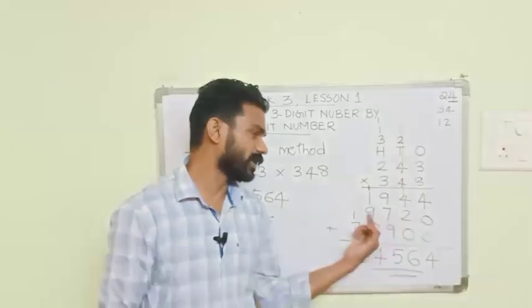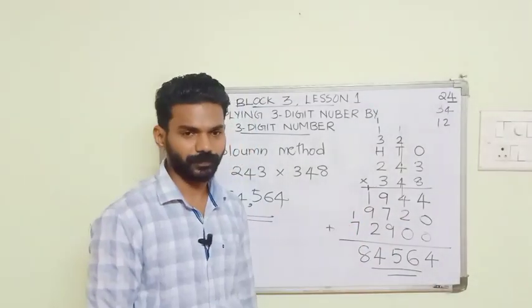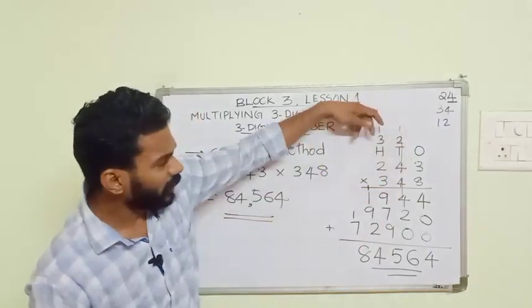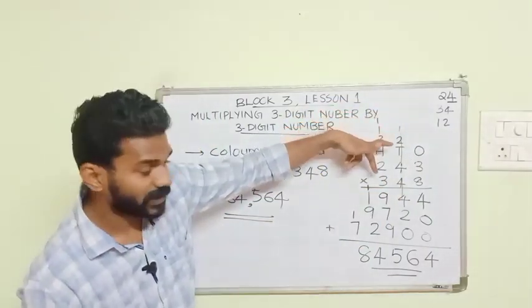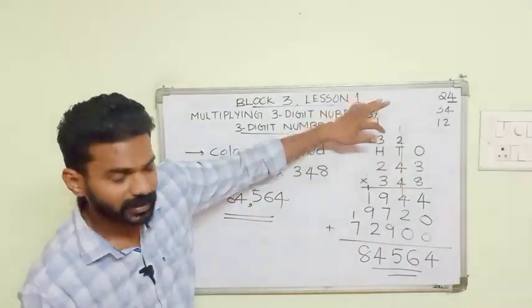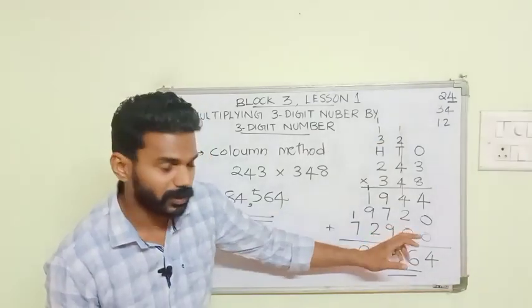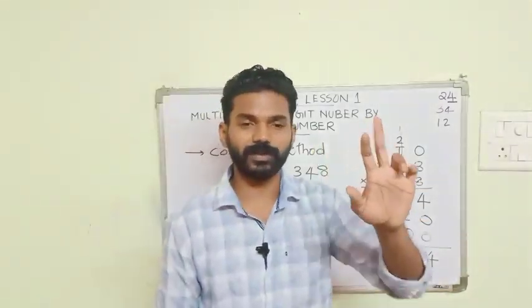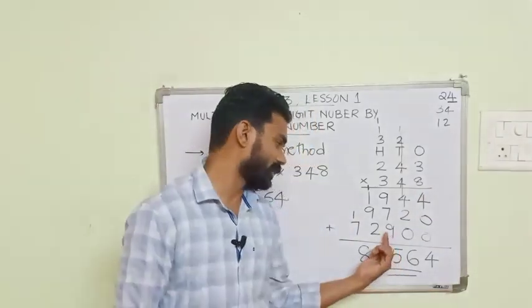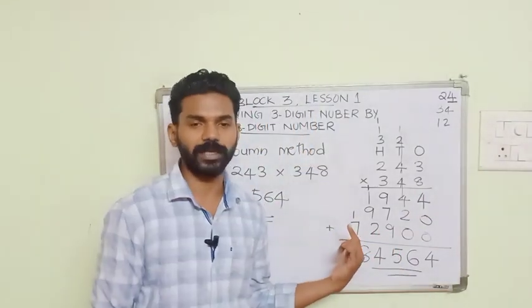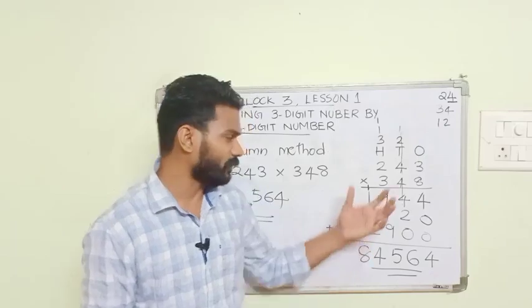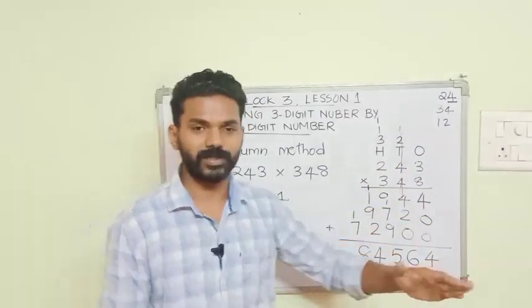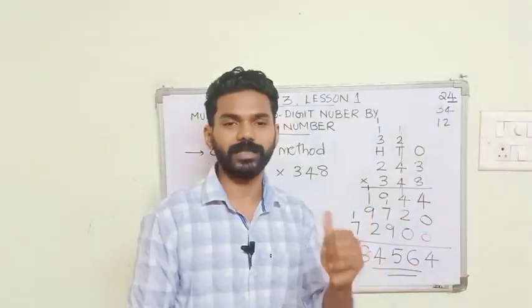Thereafter you will consider the next places. When you start multiplying considering the hundreds place digit, then on the third row you will put 2 zeros on the ones as well as the tens place. Thereafter you will start writing the multiplied values. And after that these 3 rows have to be added so that you get the final answer.